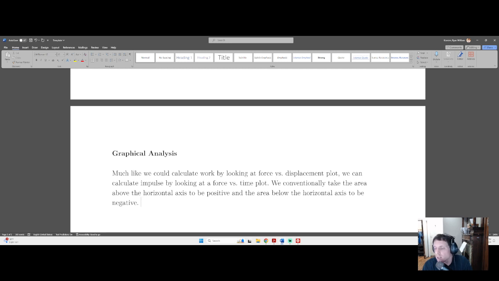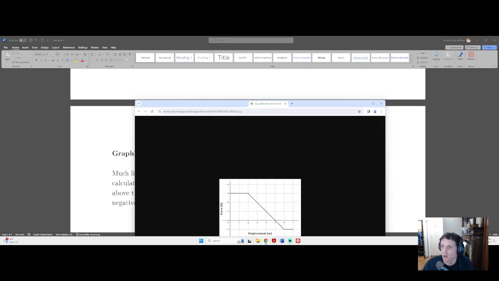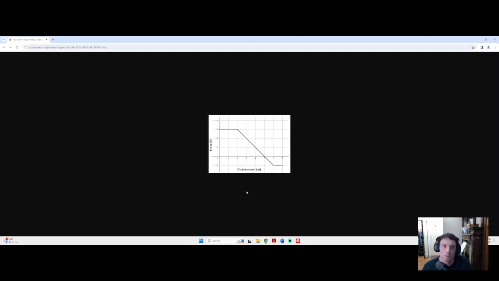We could come back to the picture that I had before, which might have closed. I've got it here, hang on. So this is what we were talking about before, with work. But now you could imagine that instead of a displacement here on the horizontal axis, we just have a time. In that case, it's the same exercise.